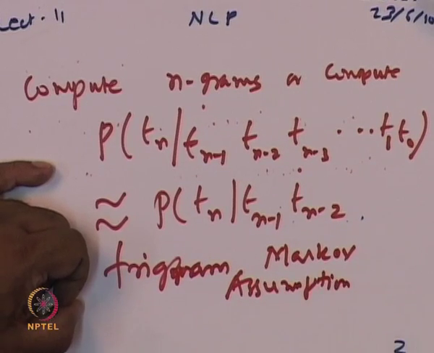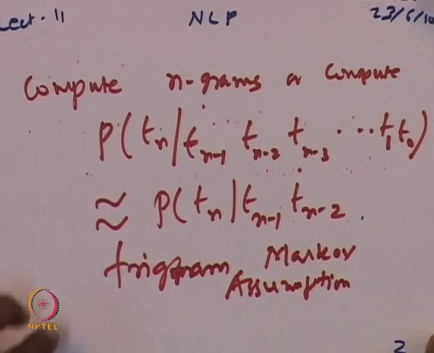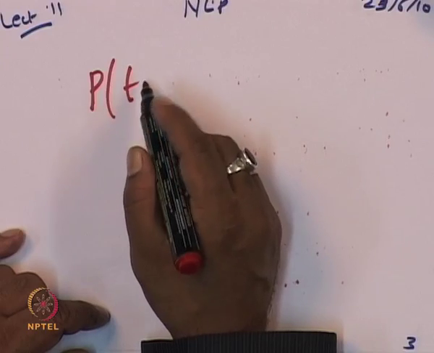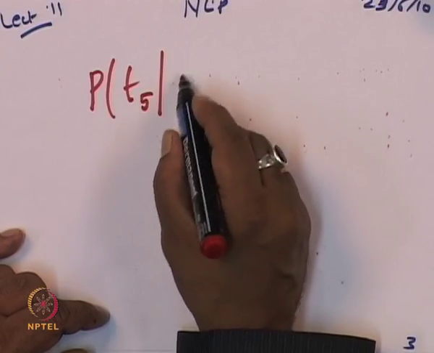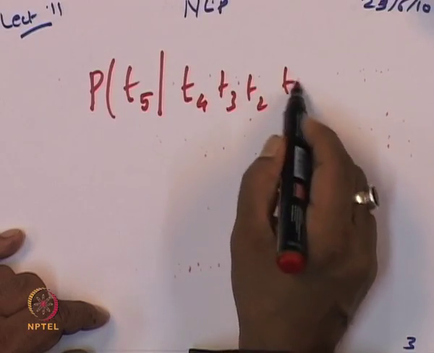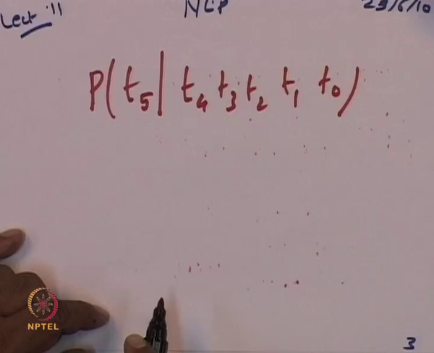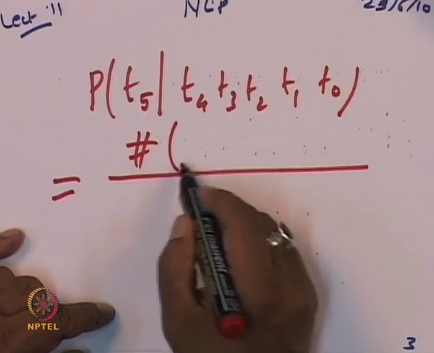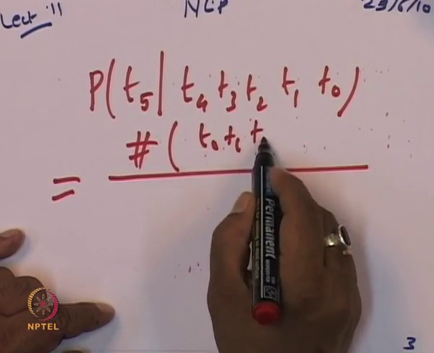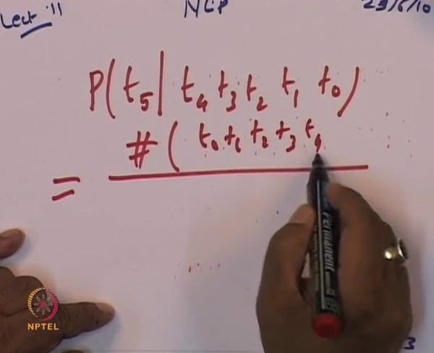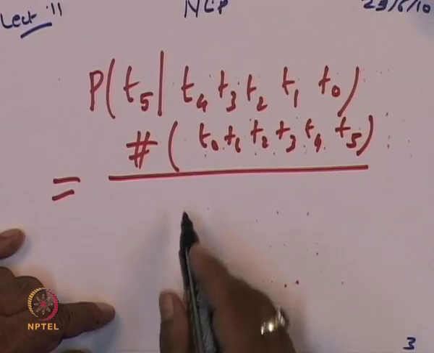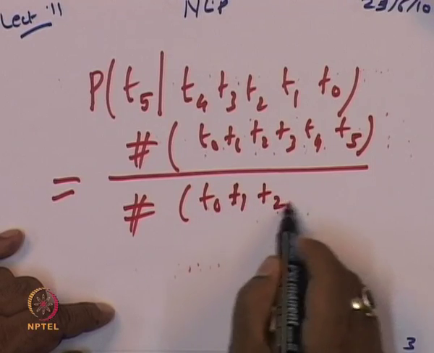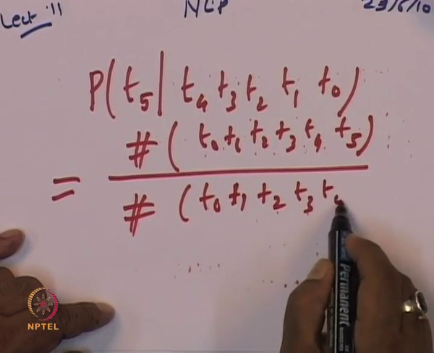So, what I request you to do is take P(t_5 given t_4, t_3, t_2, t_1, t_0), which you know is equal to count of the pattern t_0, t_1, t_2, t_3, t_4, t_5 divided by count of t_0, t_1, t_2, t_3 and t_4.